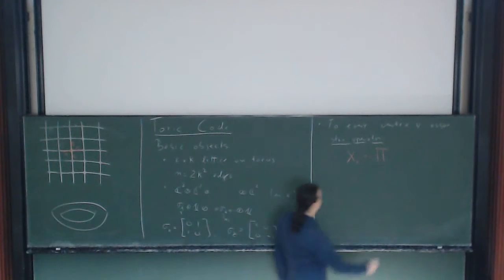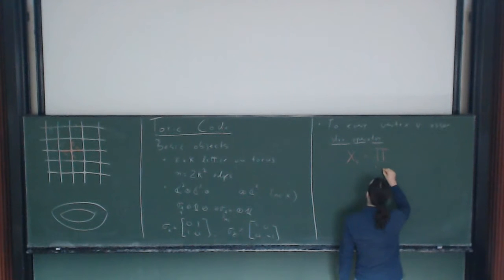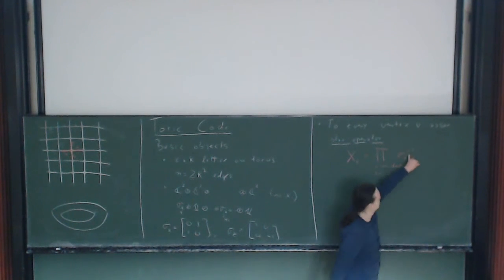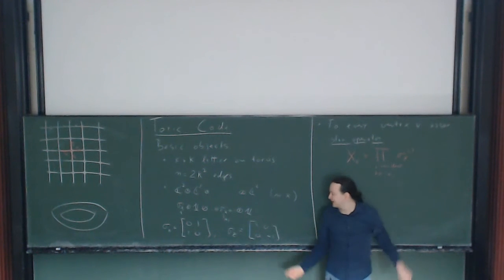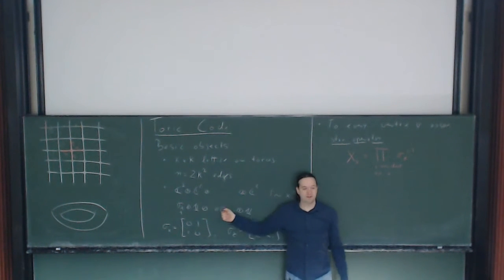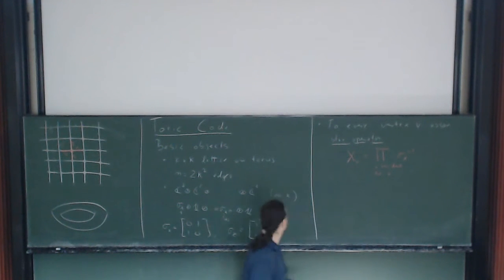So it's a product over all the edges which are incident to v of sigma x, and now this notation means the sigma x matrix in the ith place, and identity elsewhere. Right? So that's the star operator.